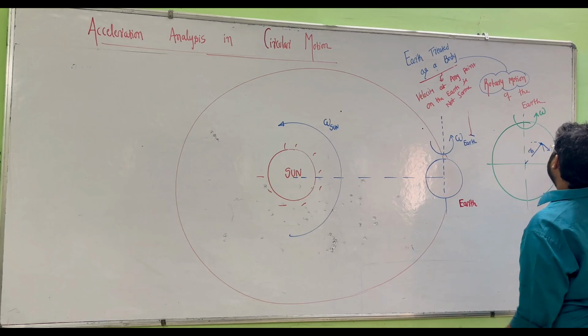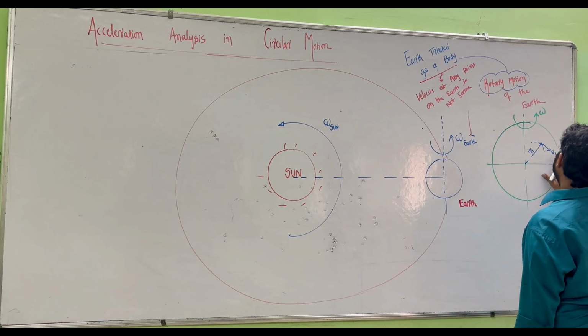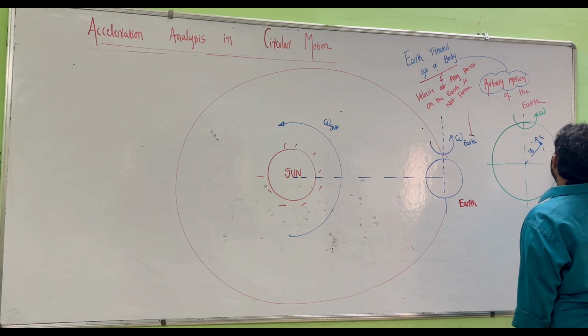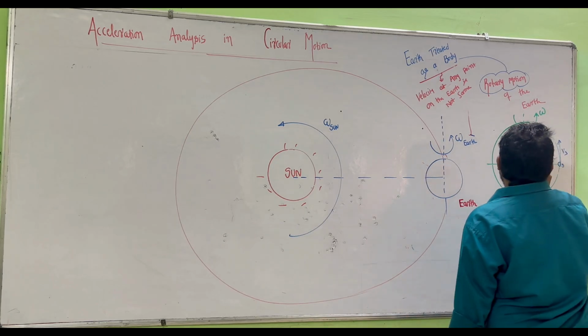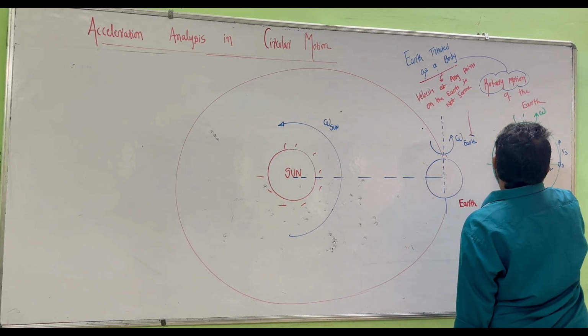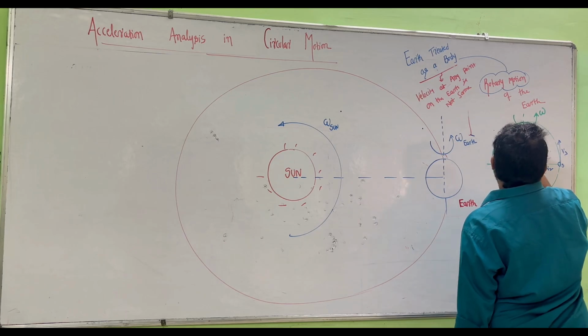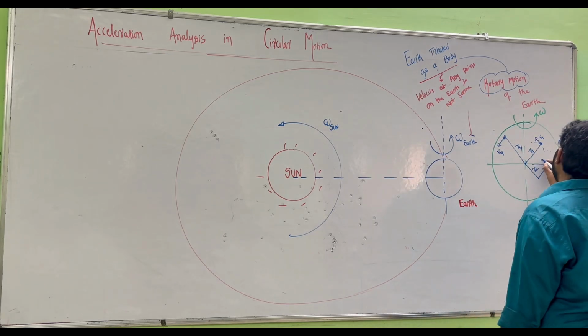Here velocity V1, here V2 at R2, this is V3, somewhere V4 at R4, R3.